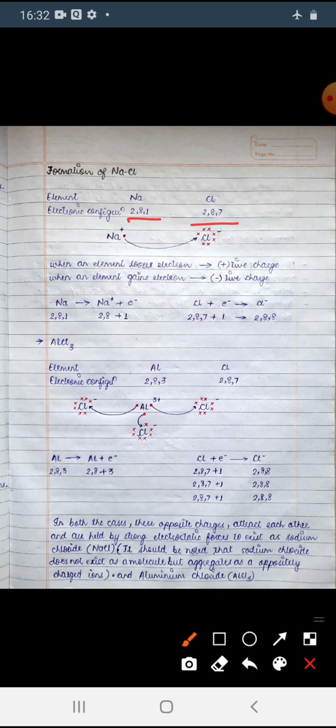What is the stable electronic configuration of the third orbit? 2, 8, 8. 8 electrons must be there in the third orbit too, to attain the stable electronic configuration. Yes, means 8 electrons are required by the sodium atom to gain the stable electronic configuration of the third orbit.